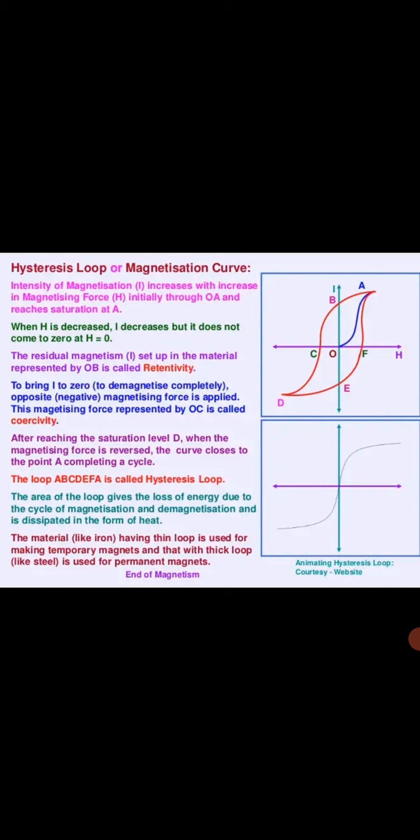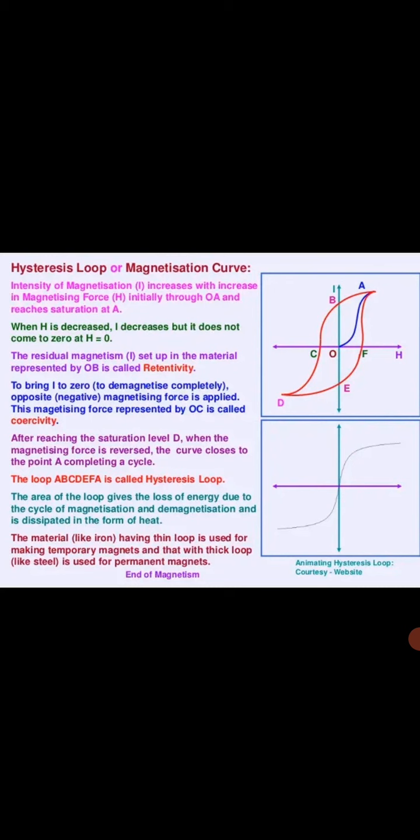So when you increase the magnetizing force H on the substance during magnetization, as H increases, the intensity of magnetization also increases from O to A. The OA part represents the increase in the intensity of magnetization with H, and it reaches saturation at A, meaning magnetization increases only up to a certain limit, that limit is A.